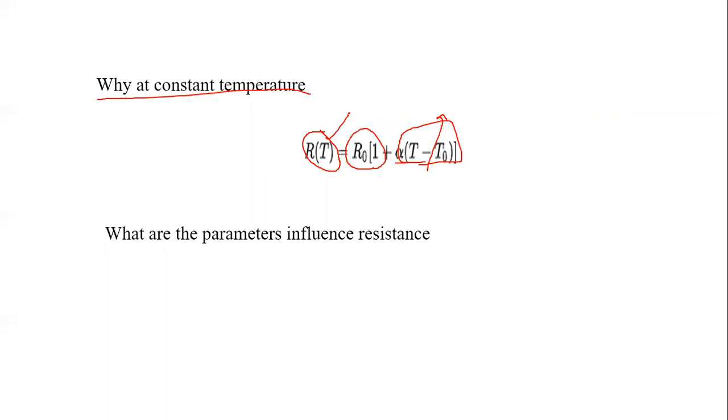Whenever the length or the diameter of the material changes, the parameters of the material change, which influences the resistance. Therefore, we can write the resistance as a function of temperature.